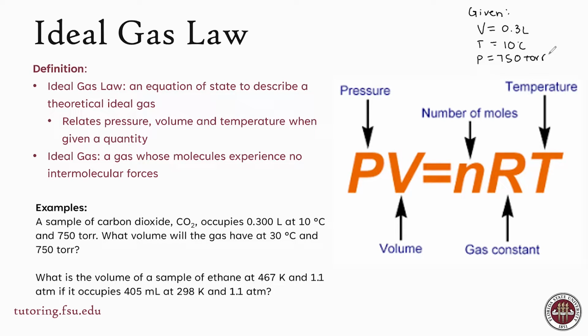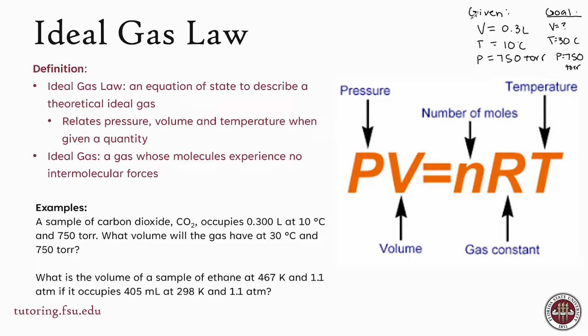What volume will the gas have at 30 degrees Celsius and 750 torr? So now we want to know what V is if T is equal to 30 and P is equal to 750 torr again. And that would be part A.